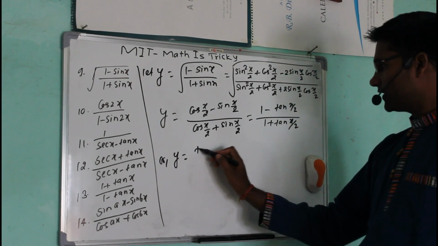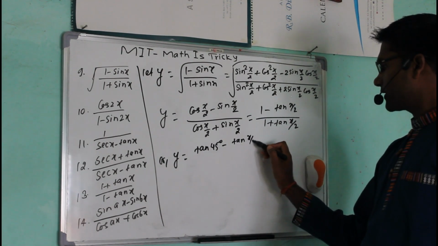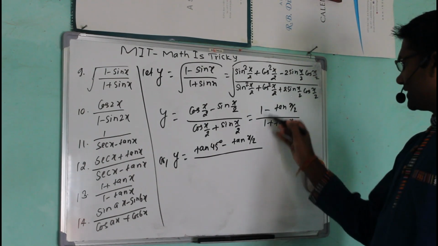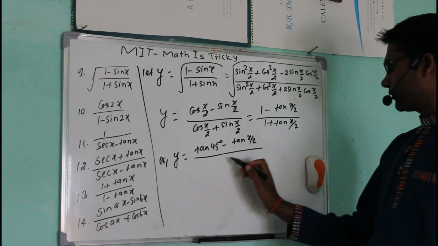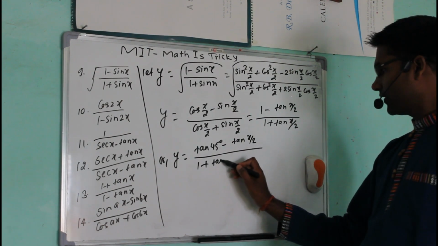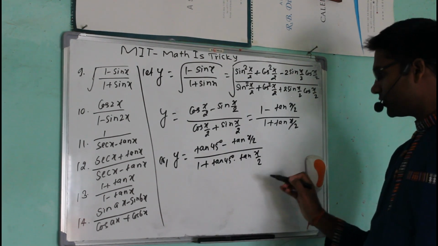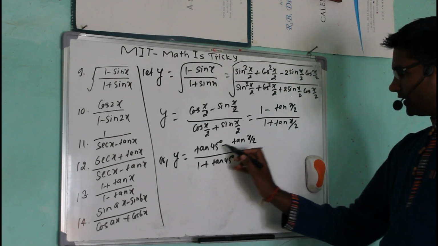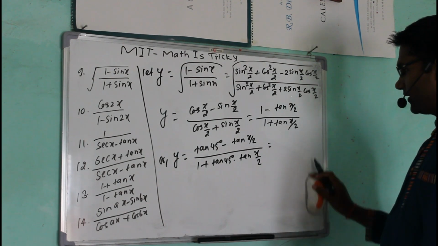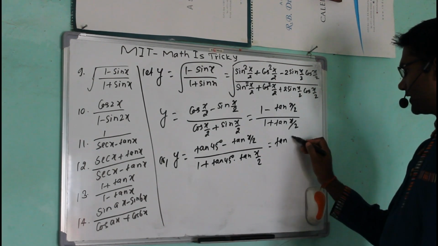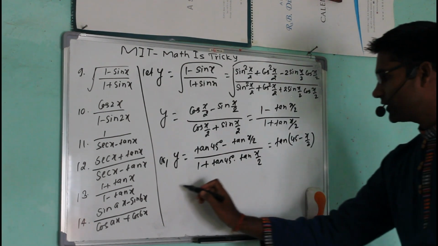So for 1 I'm writing here tan 45 degree minus tan x by 2, and 1 plus tan 45 degree into tan x by 2. I'm just trying to change this so that it can be used as a formula. If you see here carefully, it goes in the formula (tan a minus tan b) by (1 plus tan a tan b), which is tan (a minus b). Okay, and so easily we can now differentiate this.